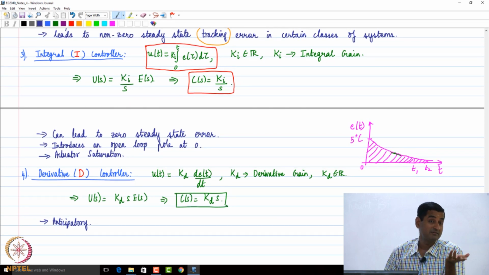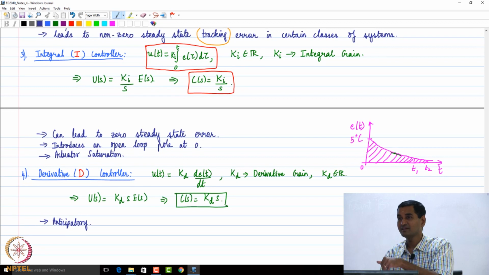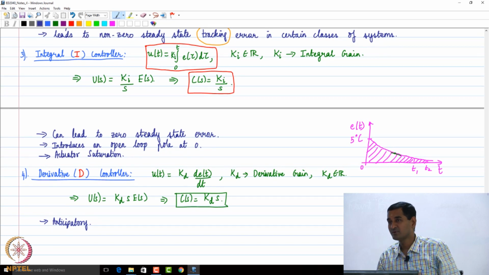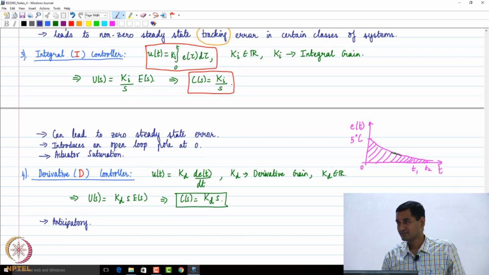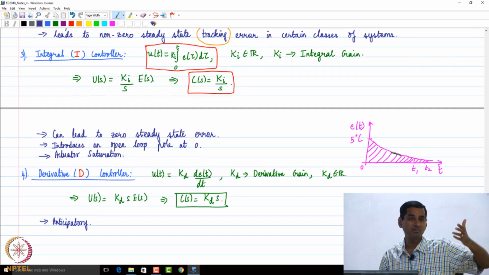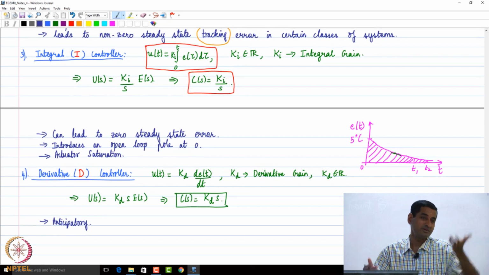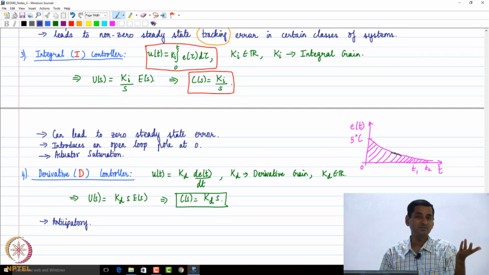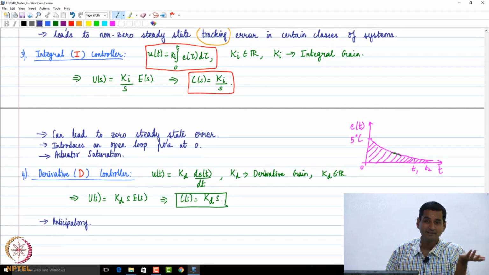As he said, if the error is going to increase a lot, then it may take action now itself, so that it will not allow the error to increase beyond a certain limit. If we know that the error is on a downward trend, then I will progressively reduce the control input. Why should I do that? Control input has to do with cost, ultimately, in real life.